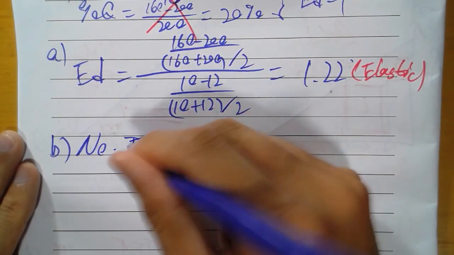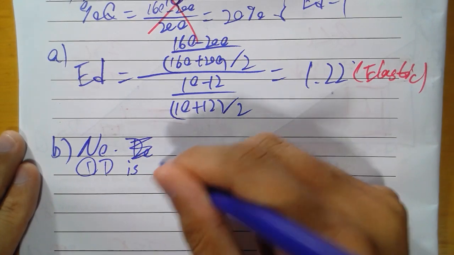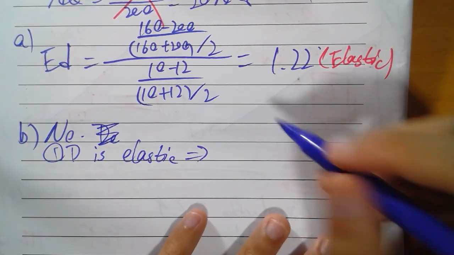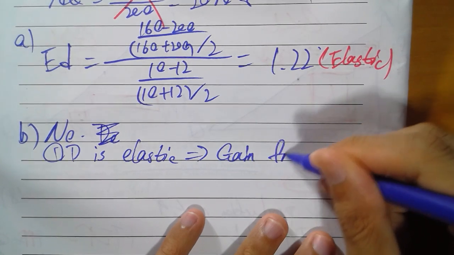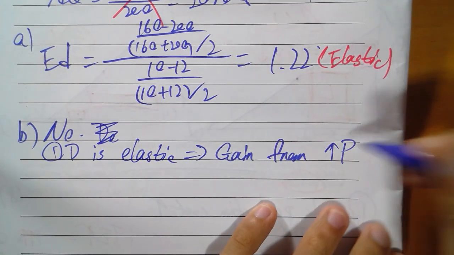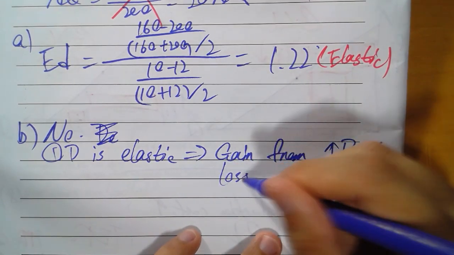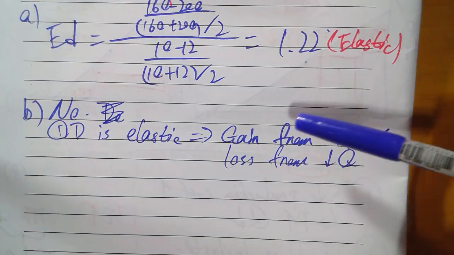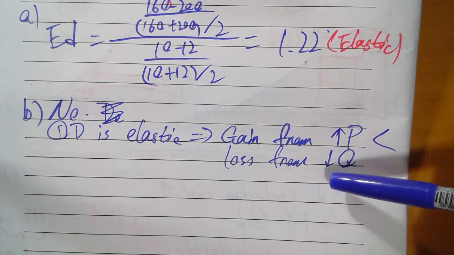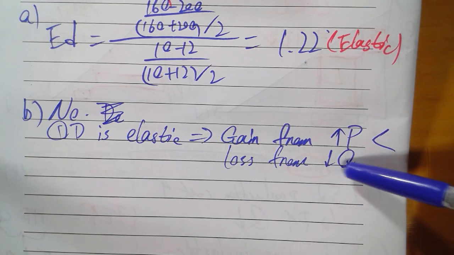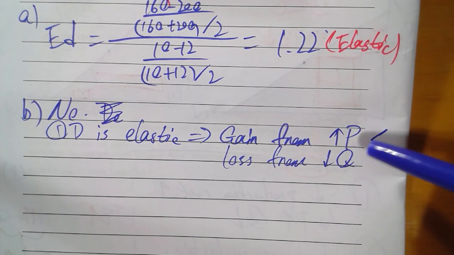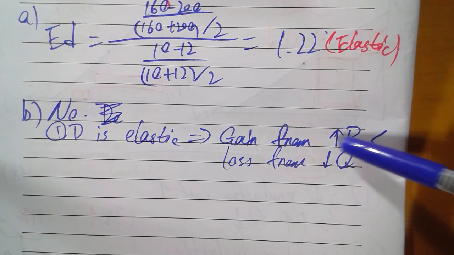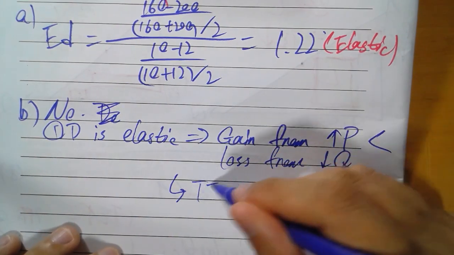Because demand is elastic, that means the gain from increase in price would be smaller than the loss from decrease in Q, 係咪啊？因為你而家係 elastic 啊嘛，Q 少咗啊嘛，you will be at a loss due to Q. Okay, now since Q moves faster, therefore the loss from decrease in Q would be bigger than the gain from any increase in price. That would result in drop of TE.